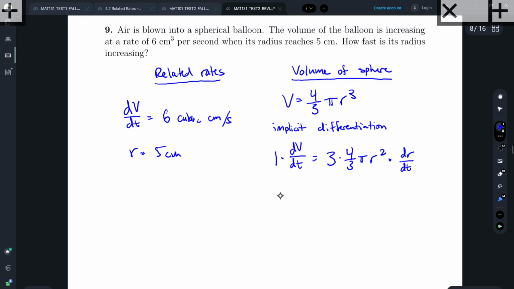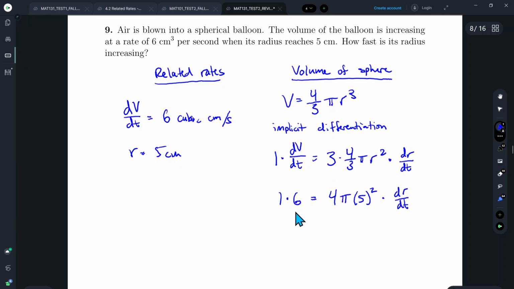Right, so 1 times 6 is equal to, and then here 3 times 4/3, just the 3 and the 3 cancel out, right? So we have 4 pi, r is 5, times dr/dt. Okay, so now I just solve for dr/dt.